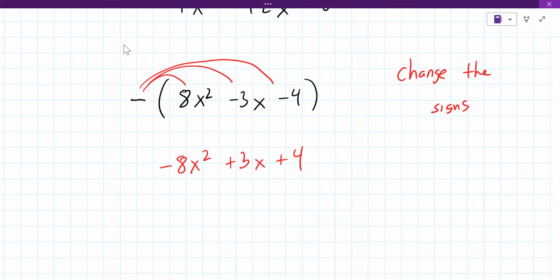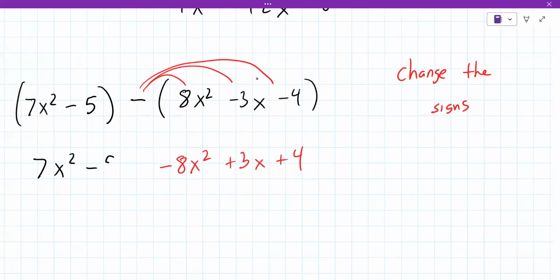Then typically a problem like this is paired with something else, like 7x squared minus 5. But the negative only affects the stuff on the right. So you bring the stuff on the left down, and then you combine like terms. So it becomes minus x squared plus 3x minus 1.